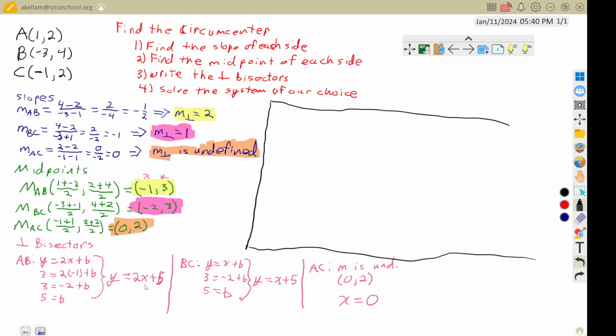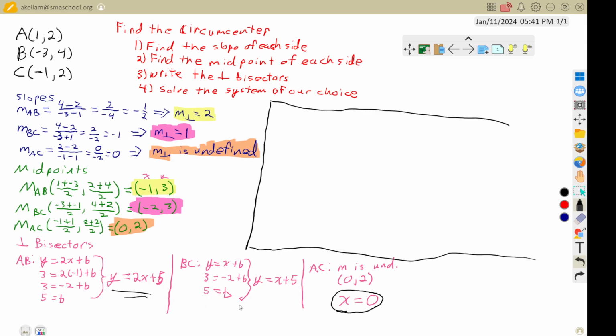Or we could put y equals 2x plus 5 and x equals 0 together. Or we could put y equals x plus 5 and x equals 0 together. Now, honestly, if you already know that x equals 0, or you knew that y equals something, like y equals 3, you should use that as one of your two. For the purposes of this video, I'm going to choose these two.